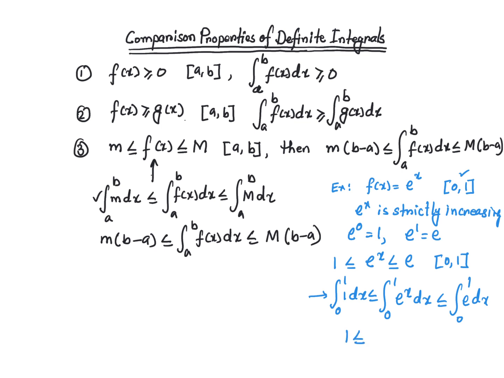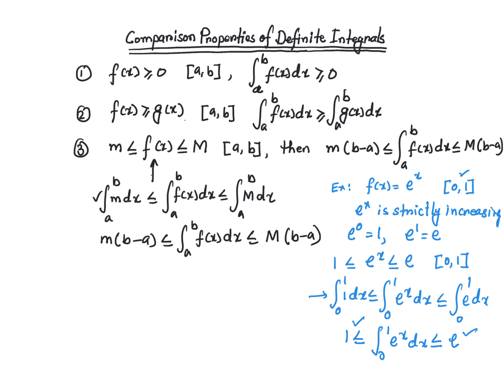So 1 is less than or equal to the integral from 0 to 1 of e to the power x dx, which is less than or equal to e times (1 minus 0), which is e. So the integral from 0 to 1 is bounded below by 1 and bounded above by e.